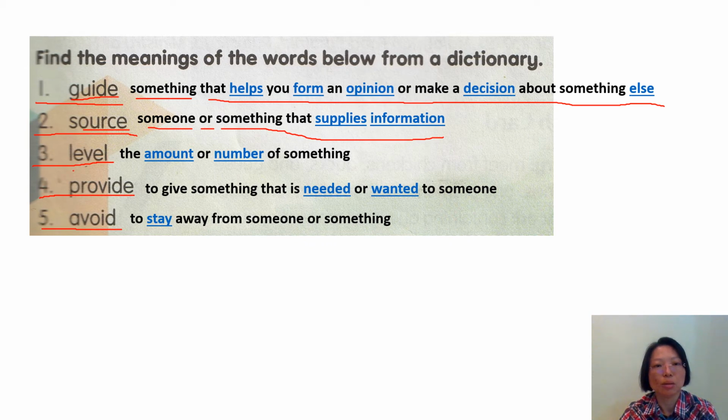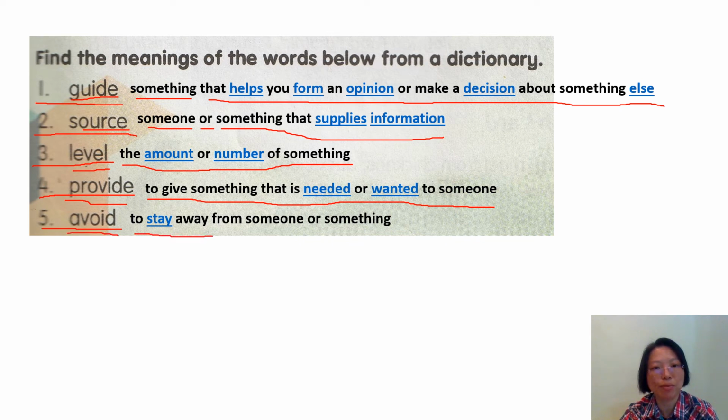Then word number 3, level. Level means the amount or number of something. Then word number 4, provide. Provide means to give something that is needed or wanted to someone. Then word number 5, avoid. Avoid means to stay away from someone or something.